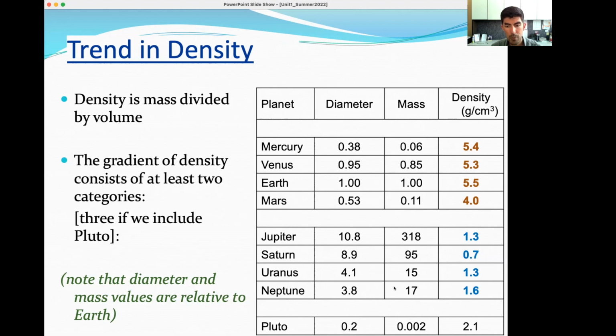And this is because those planets are made up of a lot of gas and it takes up a lot of space. And so ultimately we see two trends. There's that trend in composition or what the materials are made out of. And then we see the trend in density where we're moving from really high density planets to relatively low density planets.